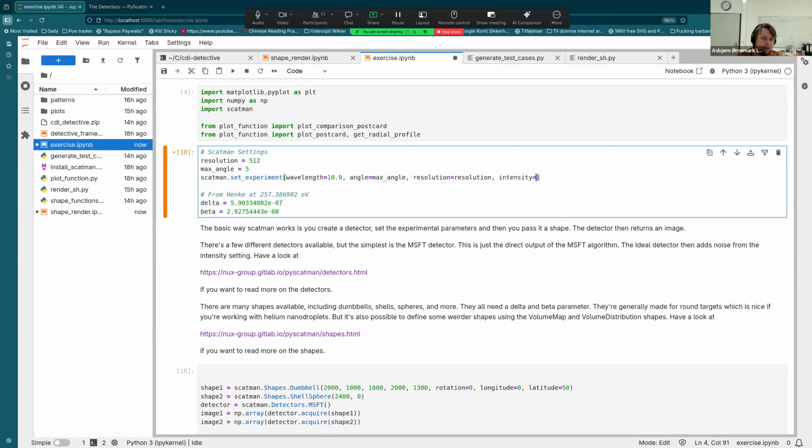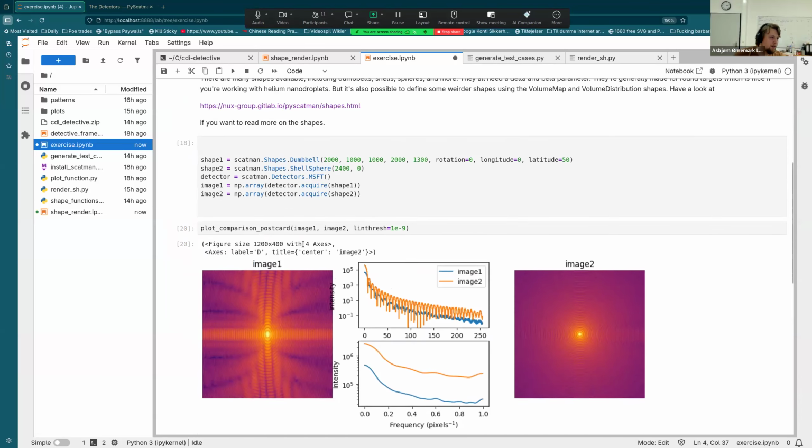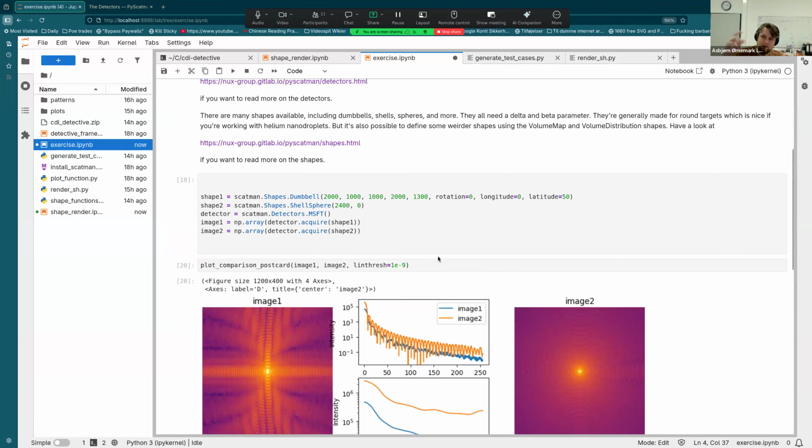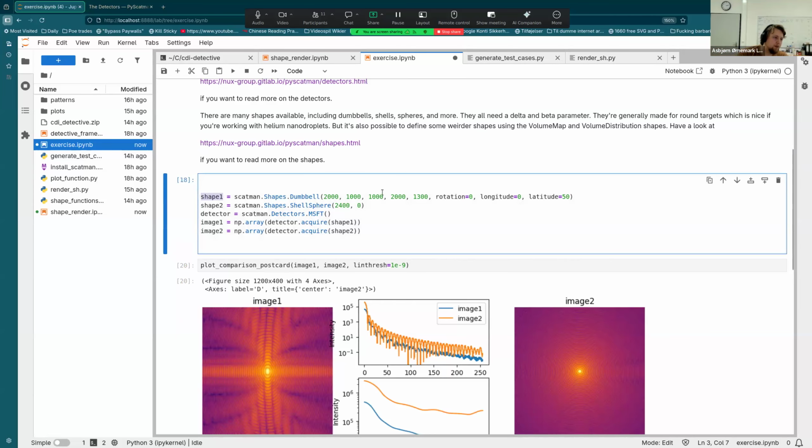This is one of the few things that's like, otherwise, wavelength and shape are the only things you need to worry about, but intensity also has distance units, right? But the general way it works is you generate a shape, and then you pass your shape to the detector.